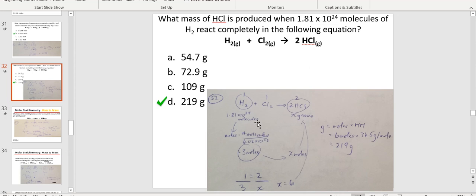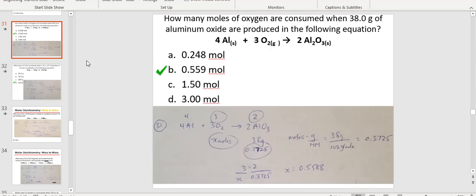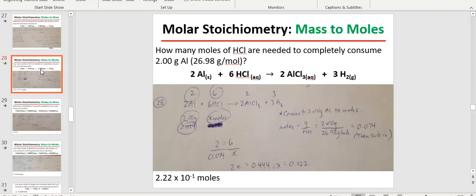Let's pick another one that's kind of easier to see. Okay, there's your molar ratio. I'm asking for this one right here. I give you one thing. So bang, bang, bang, there's your box, away you go.